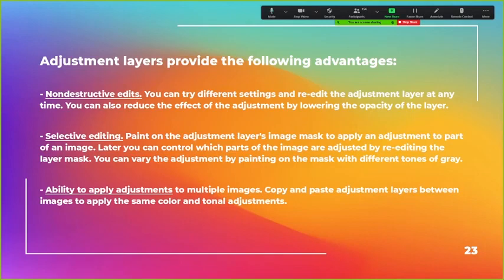So ito very important. Selective editing, which is good kasi syempre hindi ma-disrupt yung buong image mo. So that's the adjustment layer and layer mask combined. Later you can control which parts of the image are adjusted by re-editing the layer mask. You can vary the adjustment by painting on the mask with different tones of gray. So later I'll discuss yan.